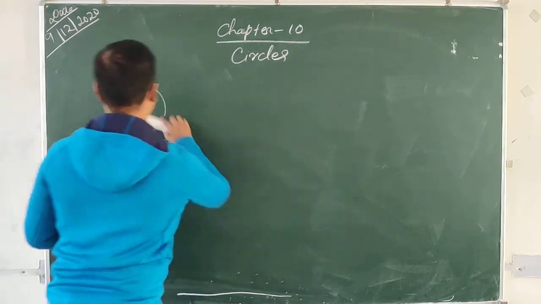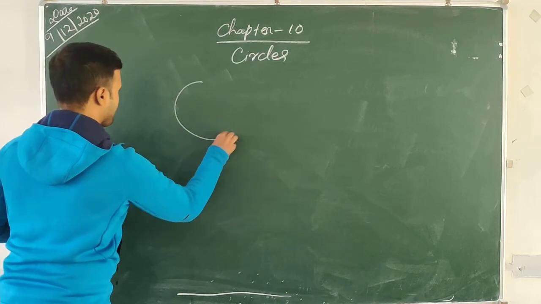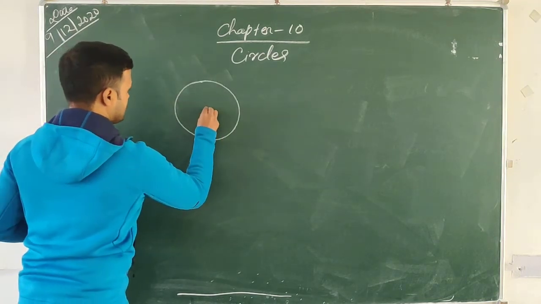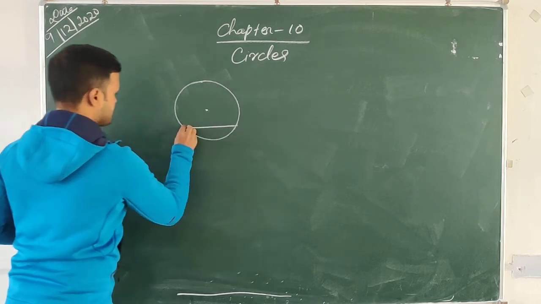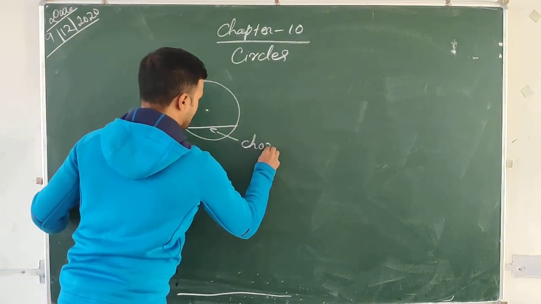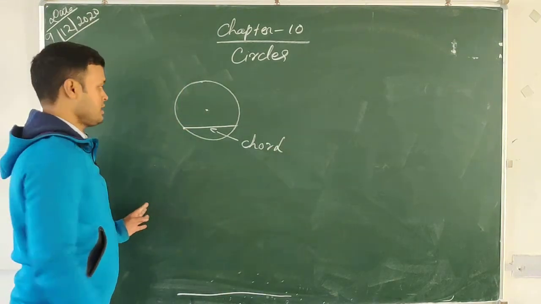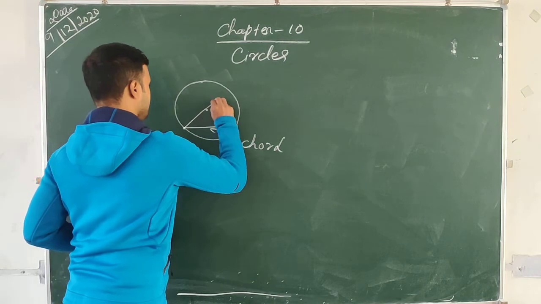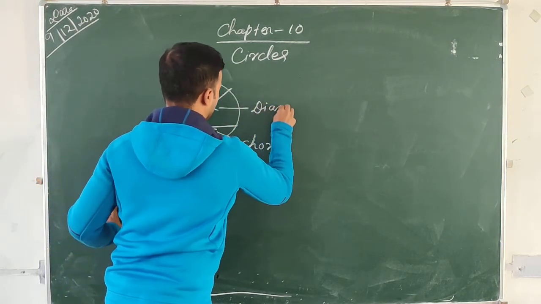Some terms that we learned in the previous classes. If a circle is there, then a line segment that touches 2 points of the circle is called a chord, isn't it? And the longest chord of the circle is called the diameter.